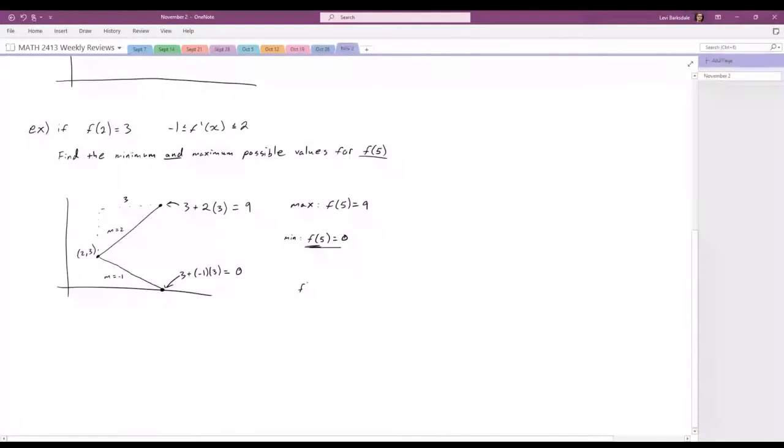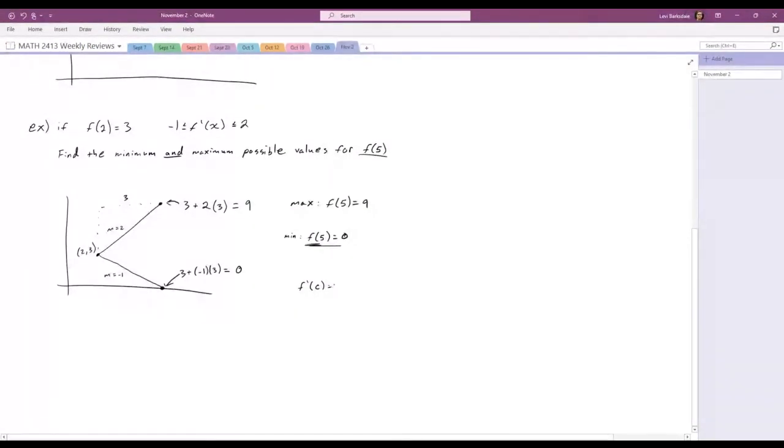So, by the mean value theorem, there should be a point so that something smaller than (0 minus 3) divided by (5 minus 2). This is just my average slope formula. I'm taking my second point minus my first point.